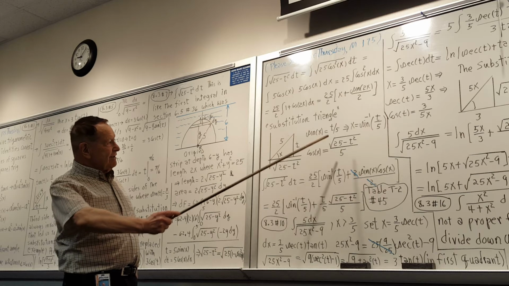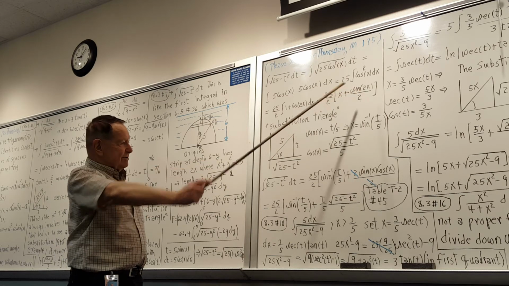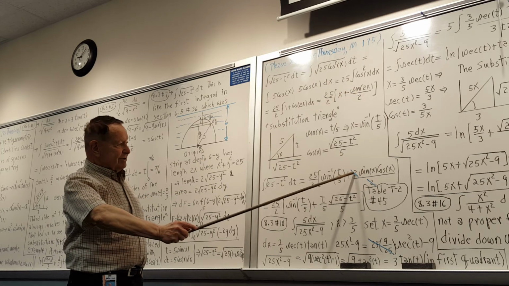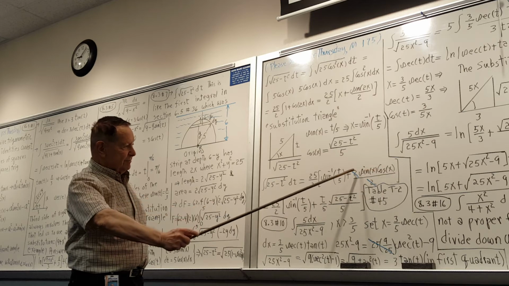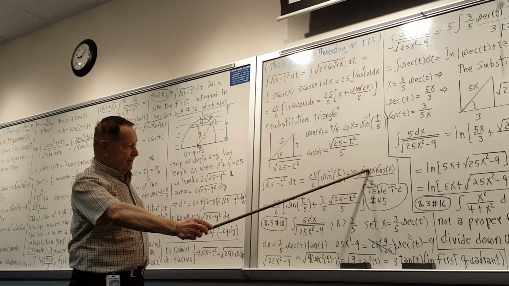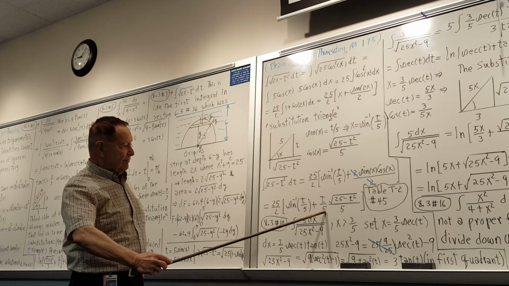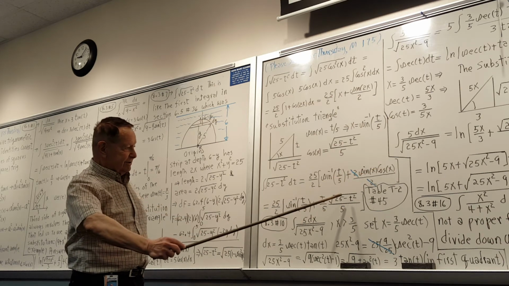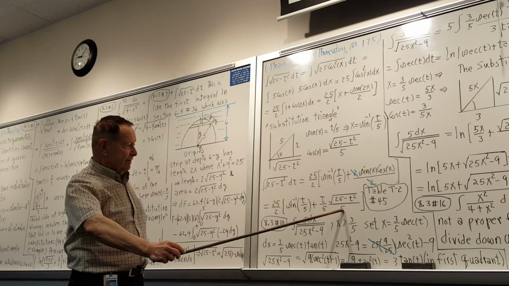So then the sine 2x over 2, which is 2 sine cosine, notice those 2's cancel, and then you have sine x, which is t over 5, and cosine x, which is the square root over 5.